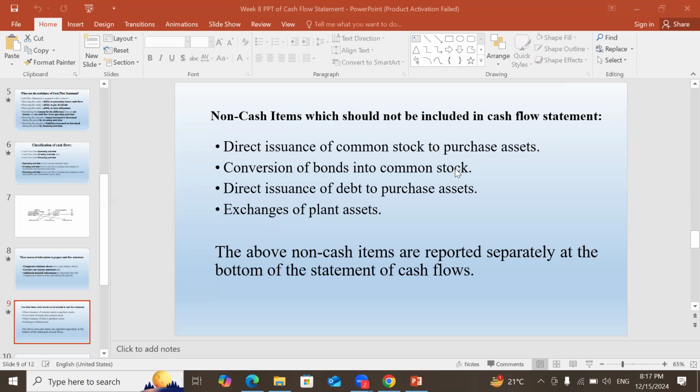It is a non-cash item. Direct issuance of debt to purchase an asset: you want to purchase an asset, but you use some kind of debt. This is a non-cash item. Exchange of plant assets: you exchange a plant asset for an asset, but in this situation no cash is needed. So it is a non-cash related item, with no need to include it in the cash flow statement.